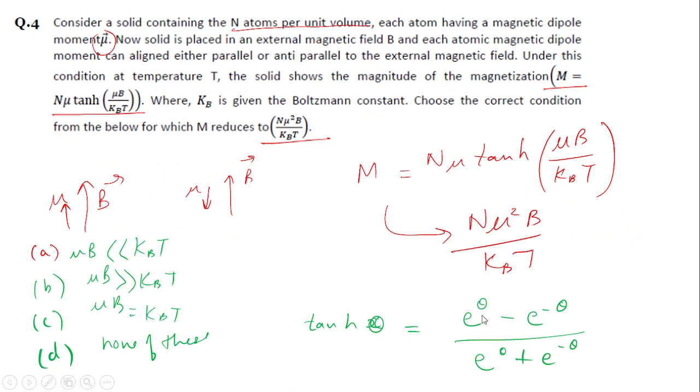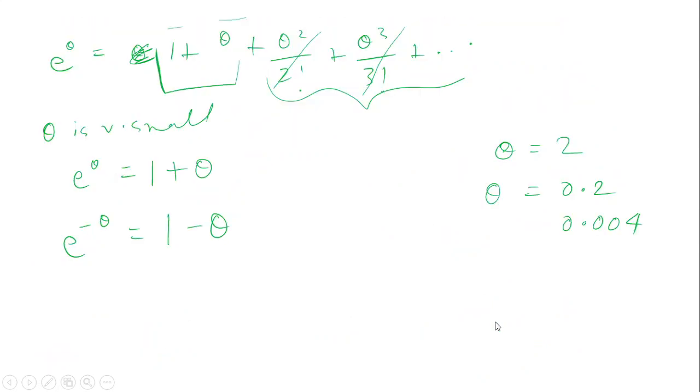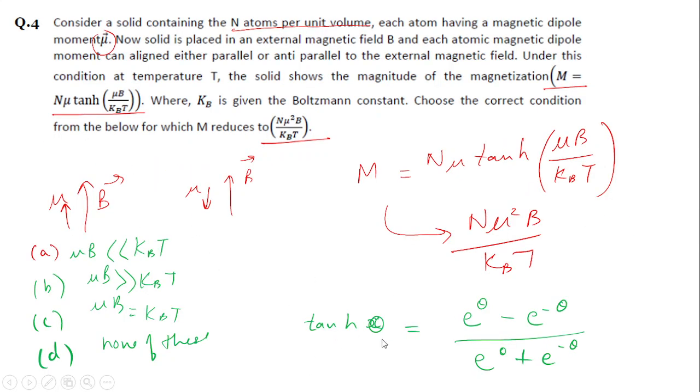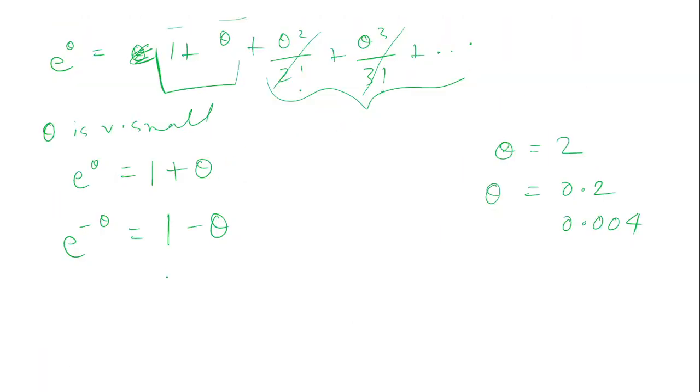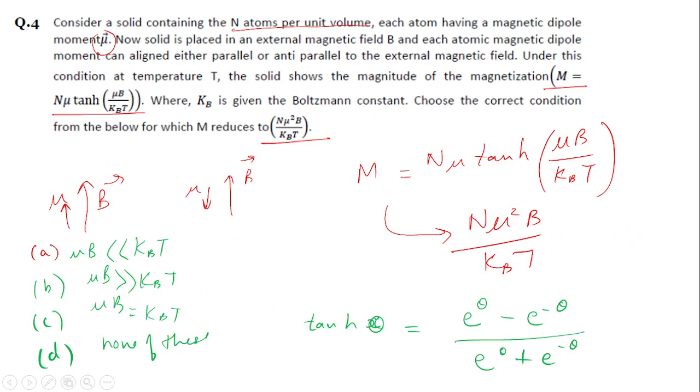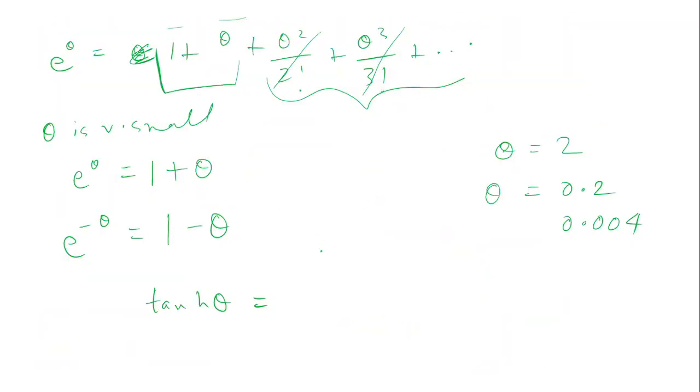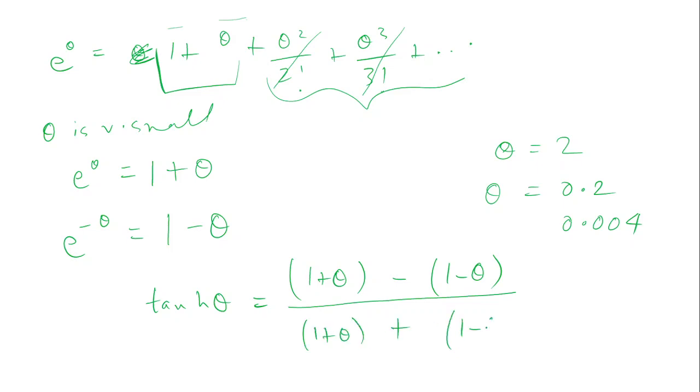That means if I substitute, by considering that theta is very small, these expansions for tanh theta, then what will I get is: e to the power theta minus e to the power minus theta in the numerator, and in the denominator e to the power theta plus e to the power minus theta.